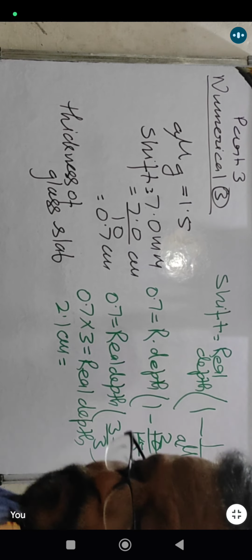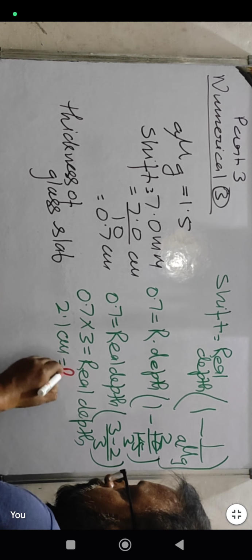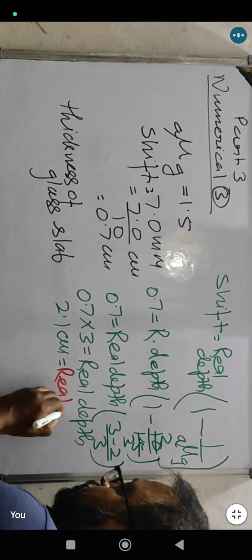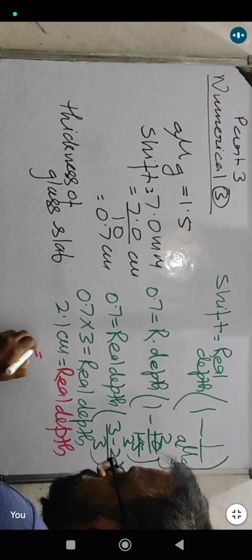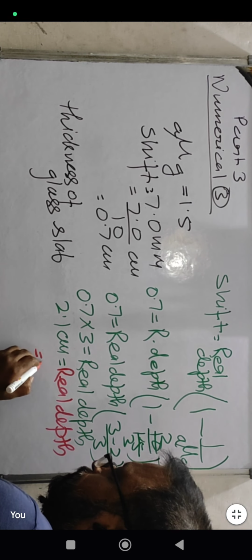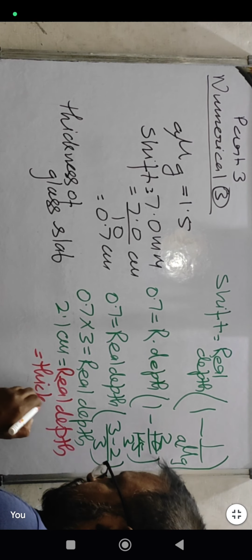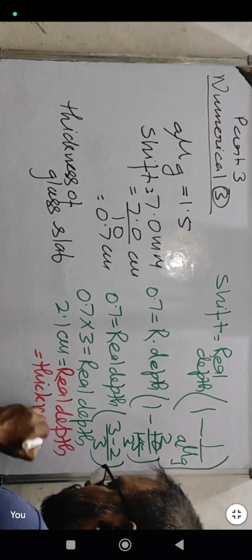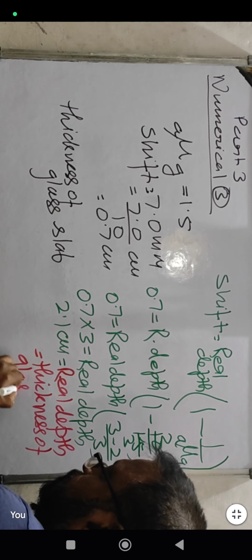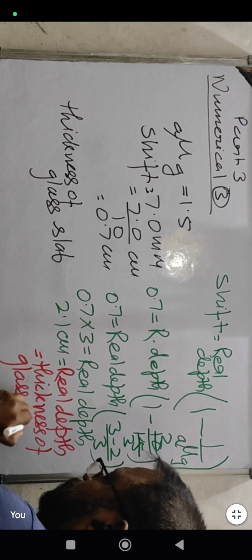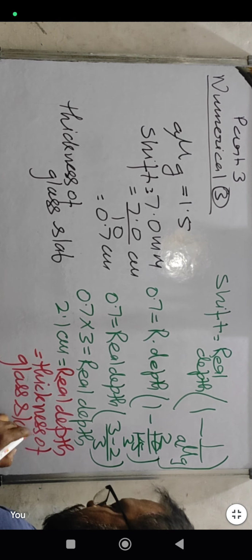So 2.1 centimeters. So real depth is equal to thickness of the glass slab.